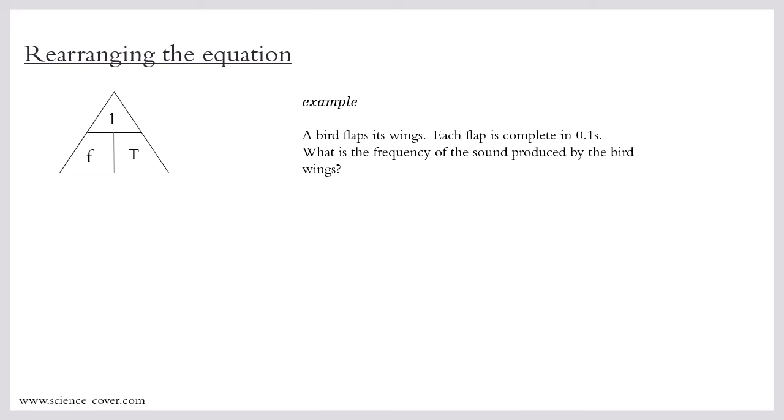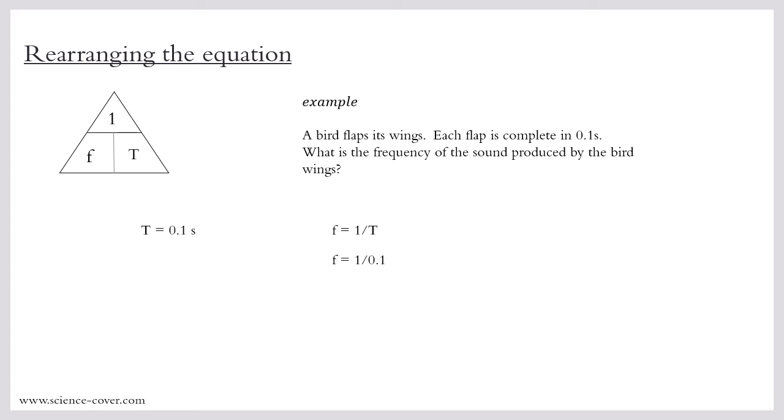Let's look at a second example. A bird flaps its wings. Each flap is complete in 0.1 seconds. What is the frequency of the sound produced by the bird's wings? Well, if each flap is complete in 0.1 seconds, then it means that the time period for the waves must be 0.1 seconds. The frequency of the sound can be found by dividing the number 1 by the time period.